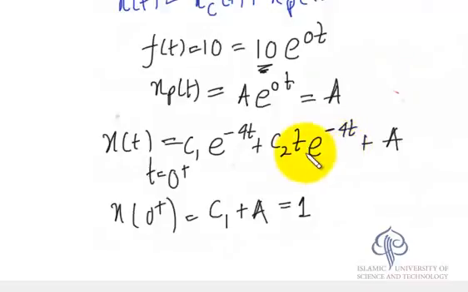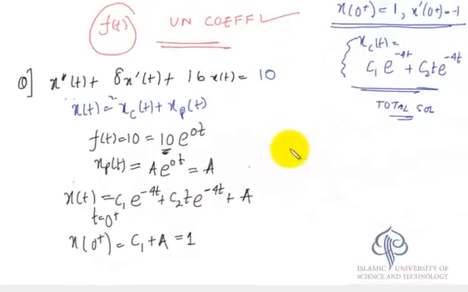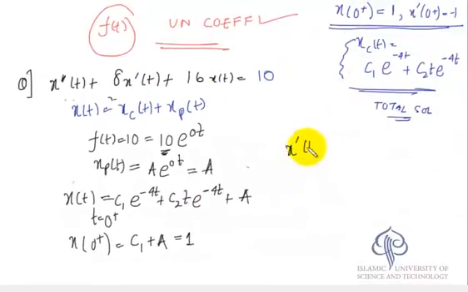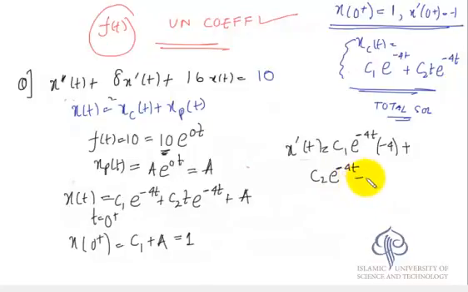then differentiate this. So x'(t) is going to be c1 e to the power minus 4t into minus 4 plus c2 e to the power minus 4t minus 4 c2 t e to the power minus 4t.